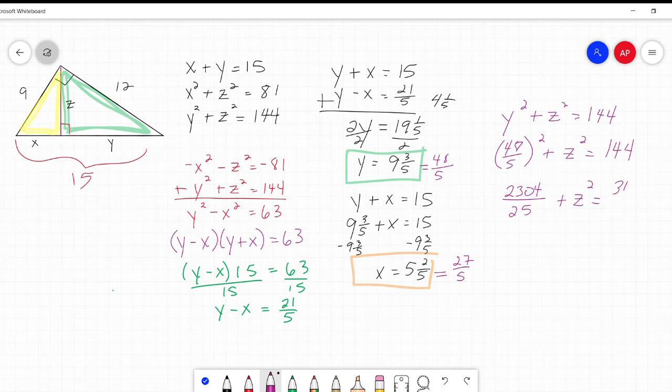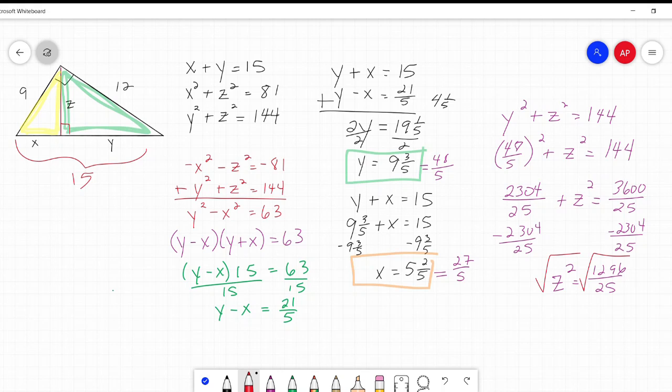And that is 3,600/25ths. Then we subtract 2,304/25ths from both sides. I told you it wasn't pretty. And I get z squared equals 1,296/25ths. Okay, so now we're in the home stretch.